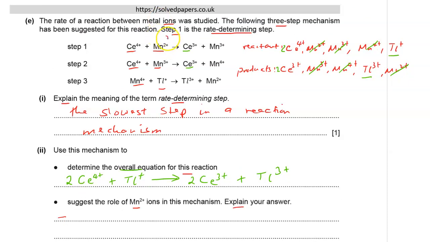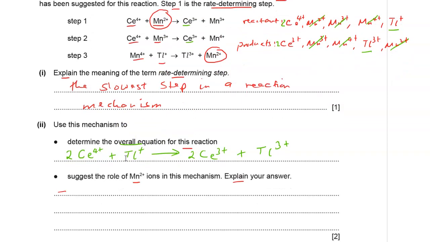Manganese 2 is there, and it is gained back at the end of the reaction mechanism, and therefore it is behaving as a catalyst. It is not consumed in the reaction.